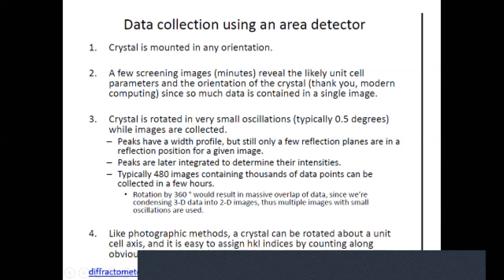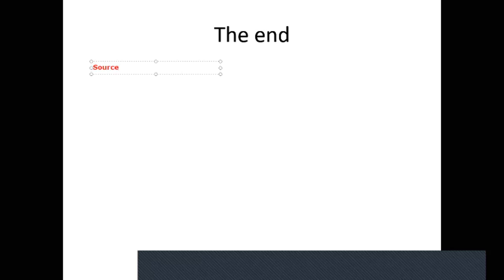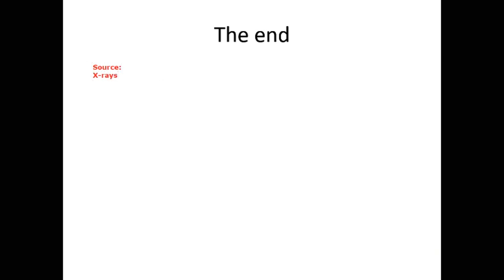So just to give you an overview of what we just talked about, and then we'll finish for today. I know we covered a lot of information today. We have a source that produces X-rays. From the source, we have a monochromator, and this contains a beta filter.